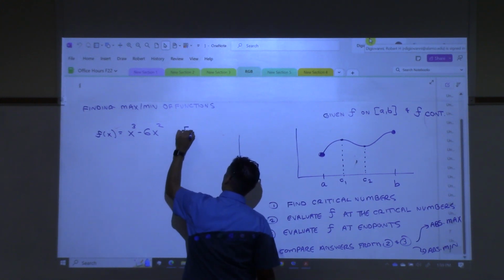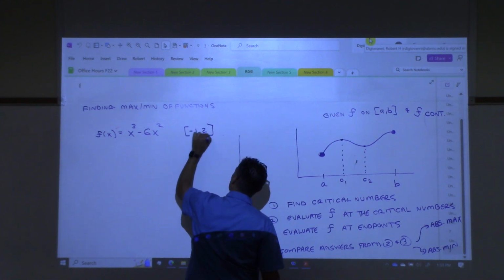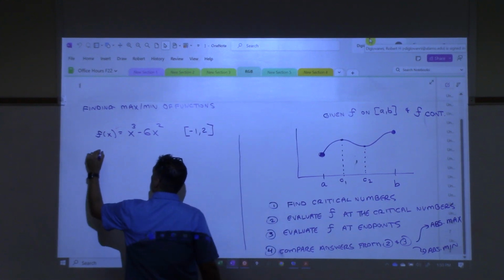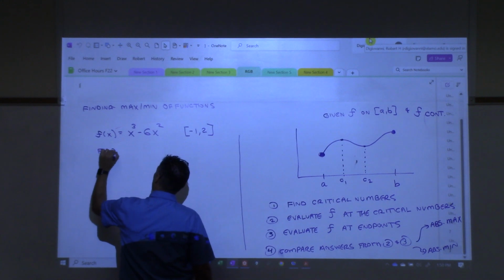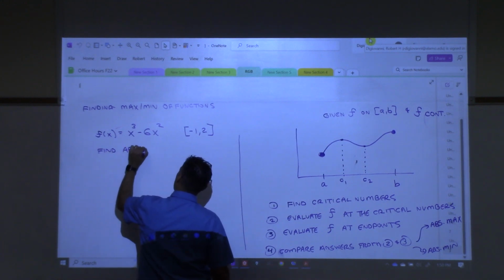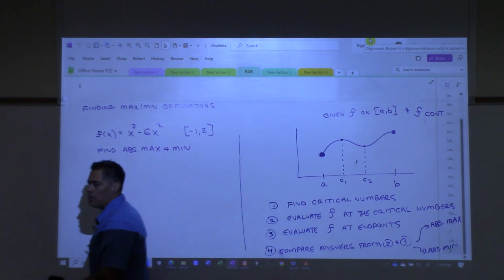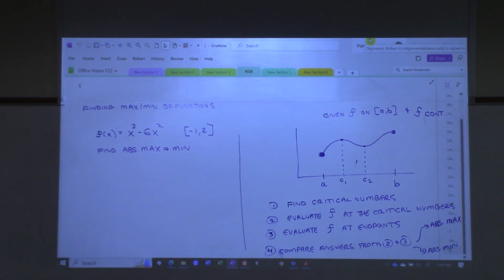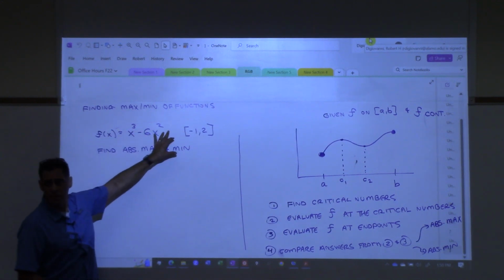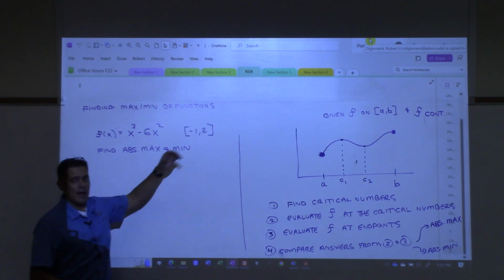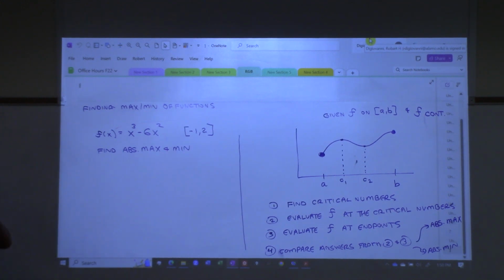So let's look at it between -1 and 2, and let's find the absolute max and min. So I'm giving you a continuous function on a closed interval, and I want to know the highest and lowest value, absolute max, absolute min of that function.